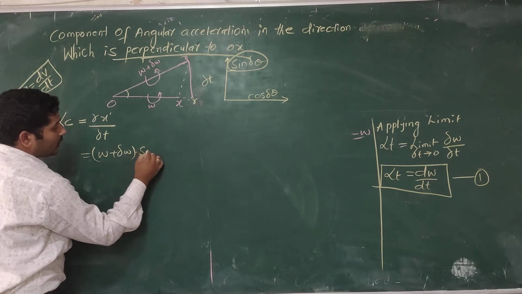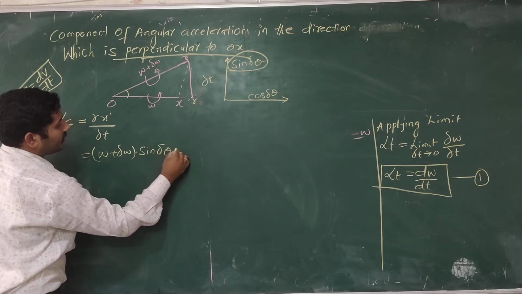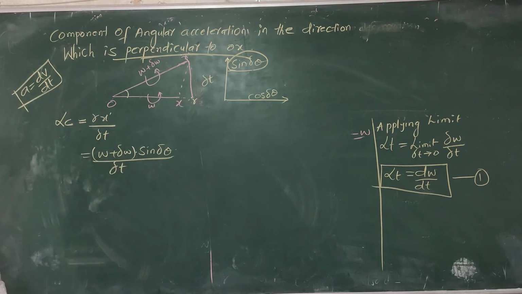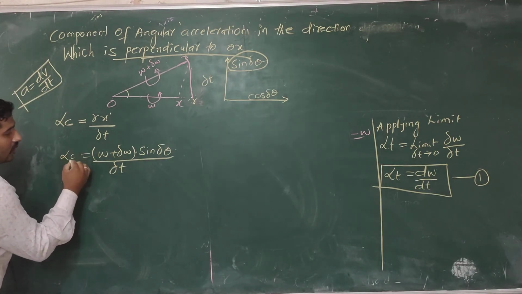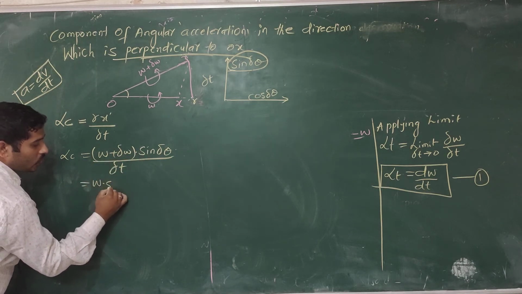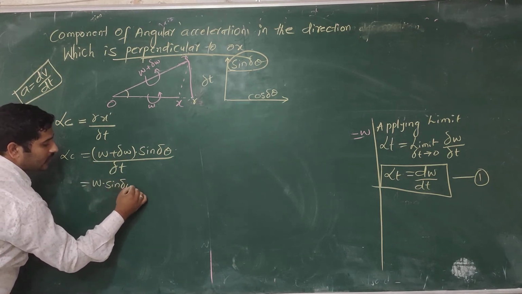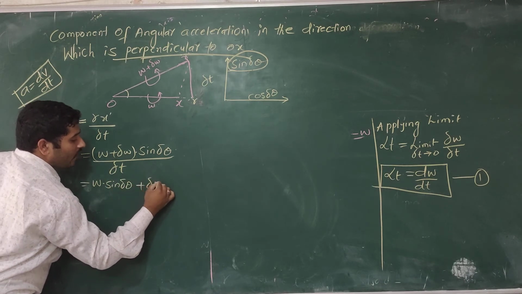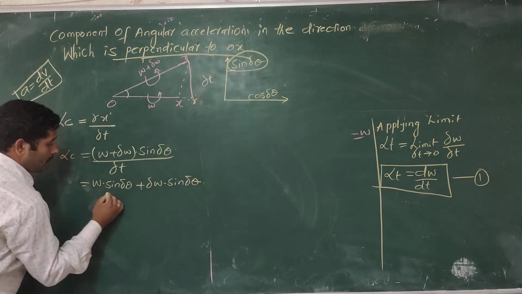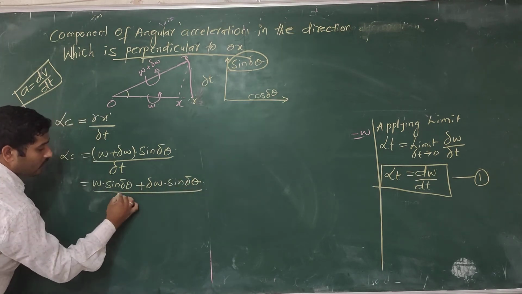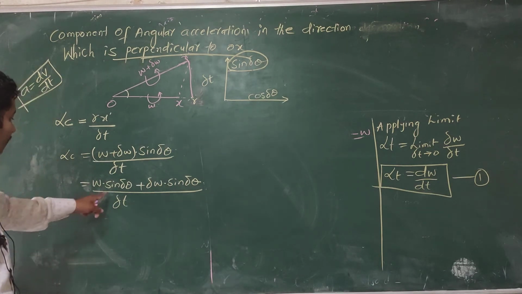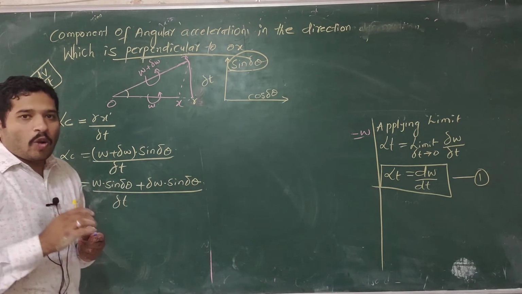We have to represent sin delta theta by delta t. Again we need to multiply this term: omega into sin delta theta plus delta omega into sin delta theta, by delta t.